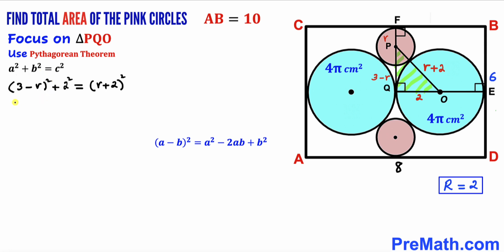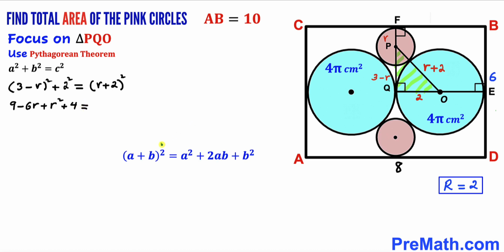So therefore this is going to become 9 minus 6r plus r square plus 4 is going to be equal to, and now let's recall another famous identity as well: a plus b whole square equal to a square plus 2ab plus b square. We are going to apply it on this right hand side binomial. So therefore this is going to become r square plus 4 times r plus 4.